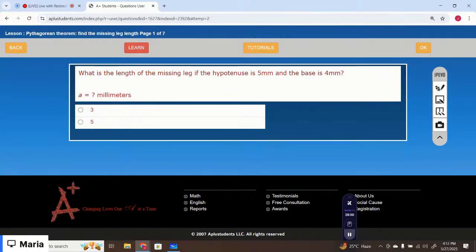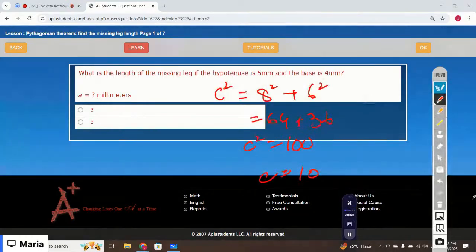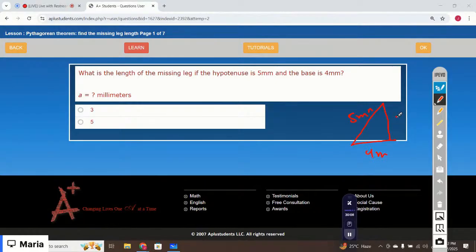What is the length of the missing side? The hypotenuse is 5 and the base is 4, and we have to find the missing side.